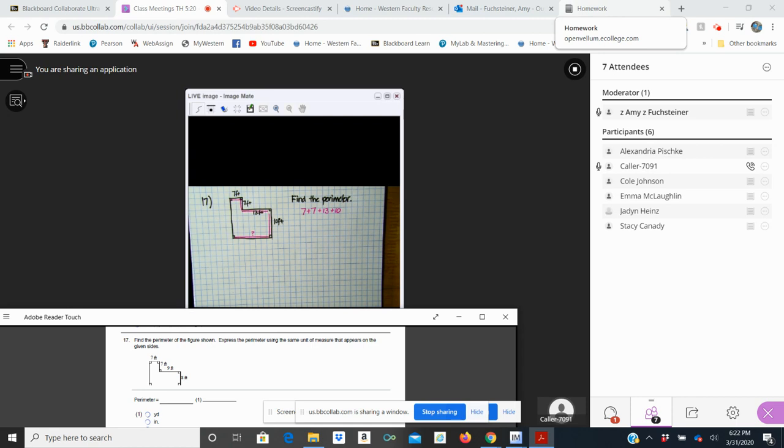Does anybody have a good explanation for how long this missing side is?